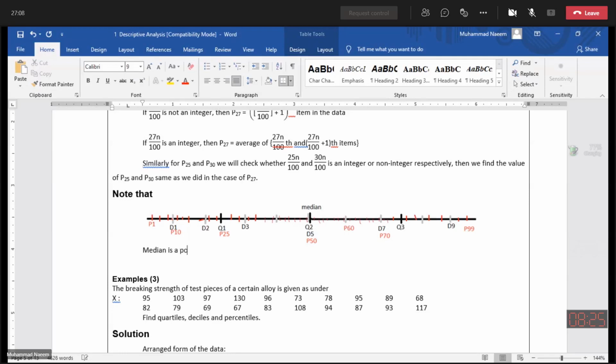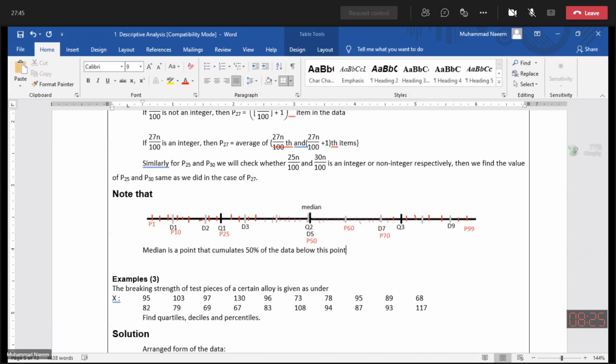Median is a point. Remember this note. Median is a point that accumulates 50% of the data below this point, because our data is in ascending form.